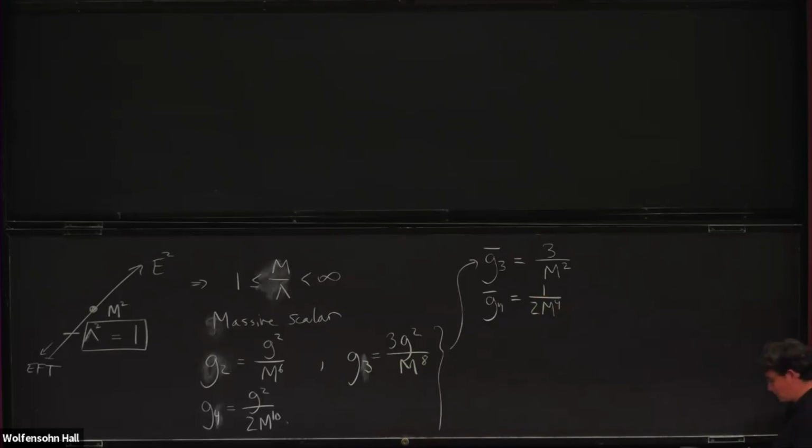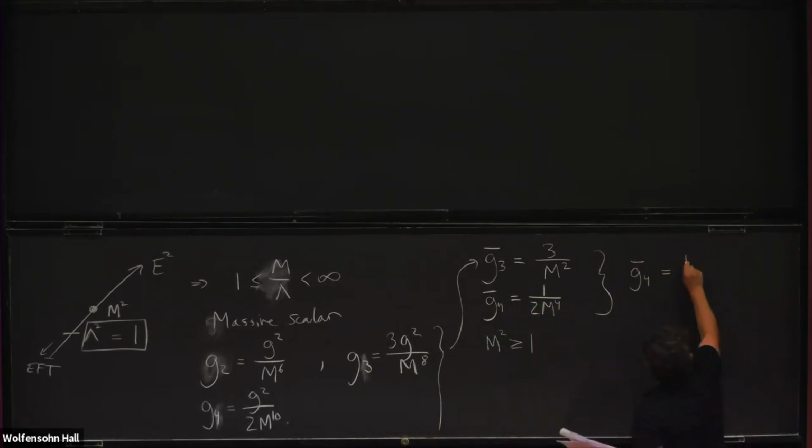Okay. Now, remember that my m squared is some number that I should take to be greater than 1. And now if I combine these two things, then I see that I can think of G4 as being a function of G3 when I eliminate the m squared. And this function will be 1 over 18 G3 squared. Okay, so this defines some parabola.